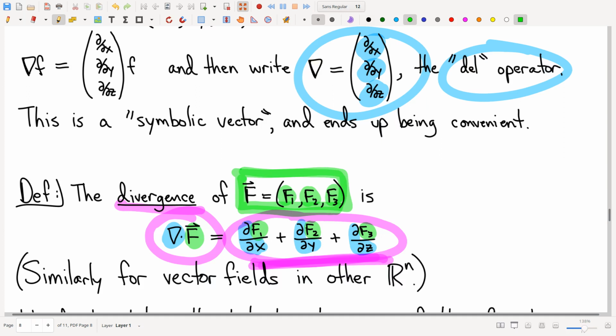So this expression is going to be useful. We'll talk about what it looks like geometrically in just a moment. I do want to point out that there are two different ways to write it. You can call it the divergence of F. A lot of people will write div, with the understanding that it stands for divergence, so div F. Very common in math courses, for example.